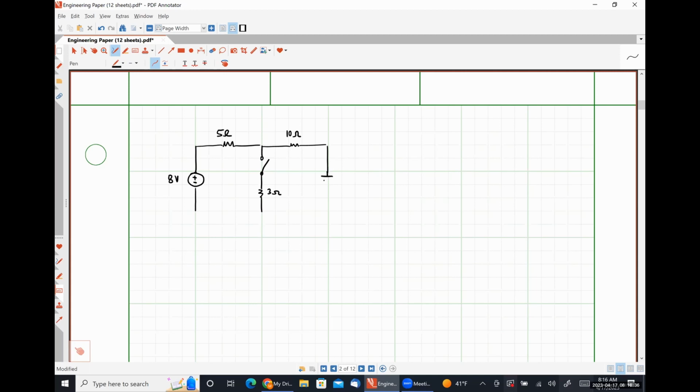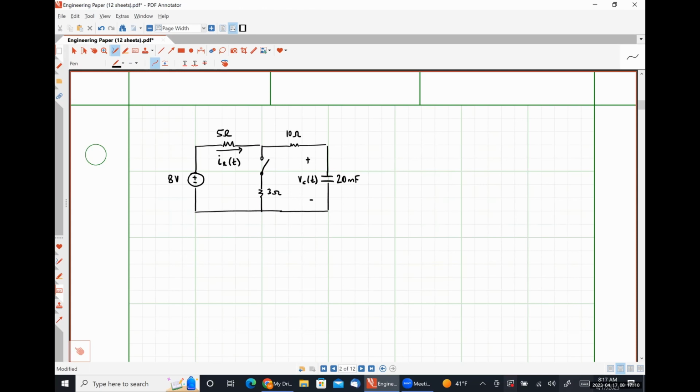Capacitor here. All right, so this is going to be my circuit.